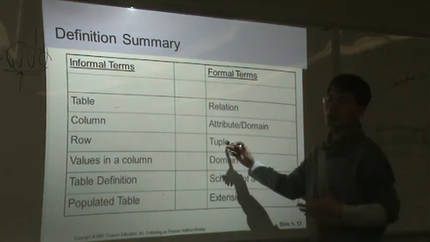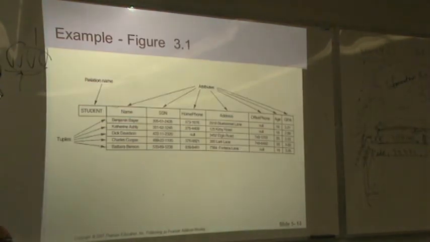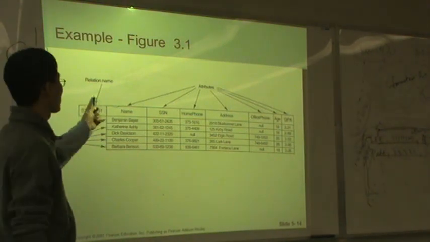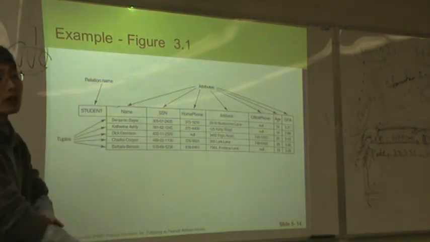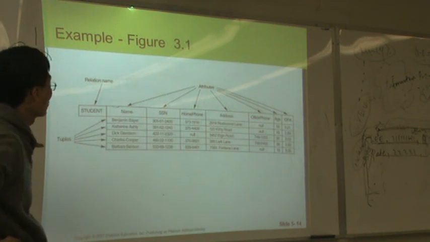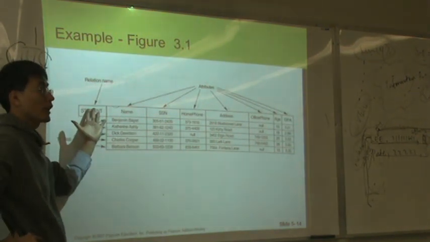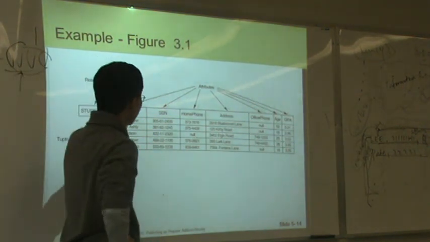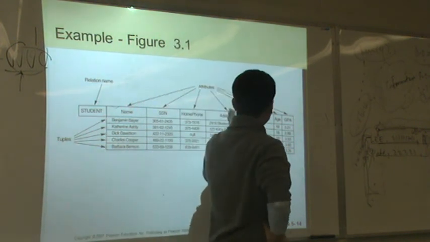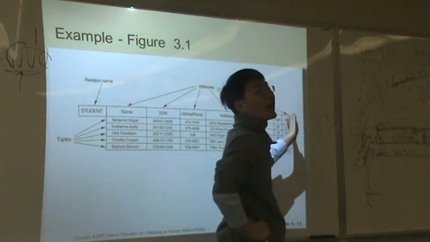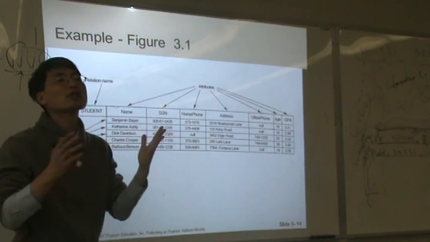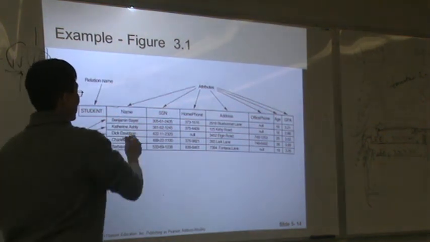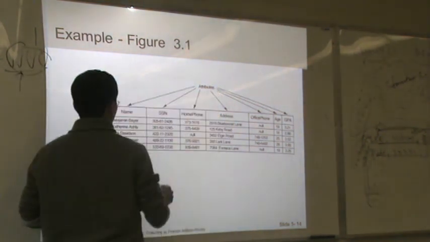You had better know the comparison table, summary table. Anyway, so this is a student relation. So we'd like to define the student relation by attributes: name, social security number, home phone, address, office phone number, age, and GPA. That is student. We can define it such a way, a group of attributes.